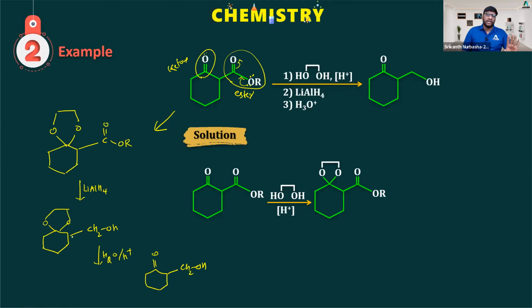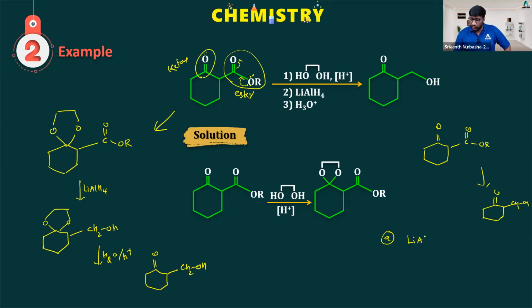The questions are not going to be in this fashion. The way they are going to be asked is, they'll give the reagents, or they'll give both the substrate and product. C double bond O, C double bond OR converted to this compound, C double bond O CH2OH. For the above conversion, the proper reagents used are: option A, LiAlH4 in H2O.